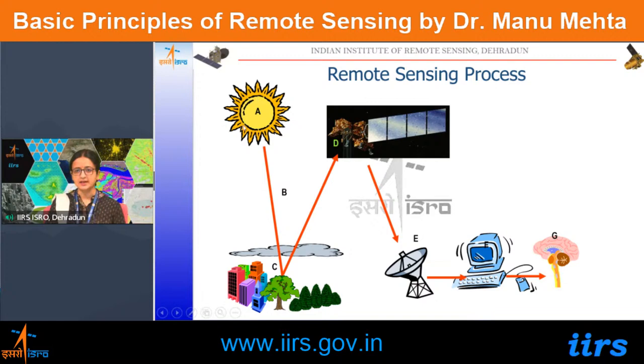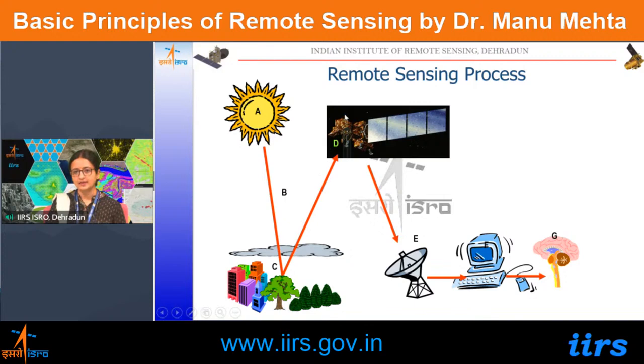In this case, this sun here depicts the natural source of energy, which illuminates all the targets on the earth. So what happens is the energy from the source comes to the target. Part of it is reflected, part of it is transmitted, and part of it is absorbed.